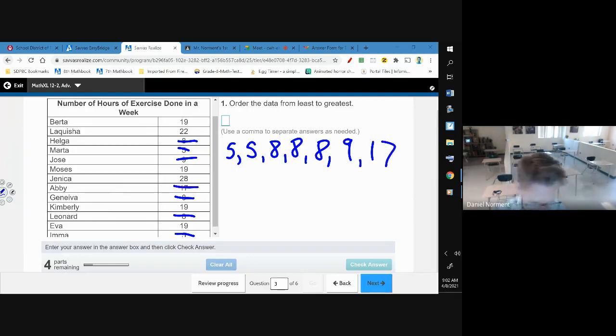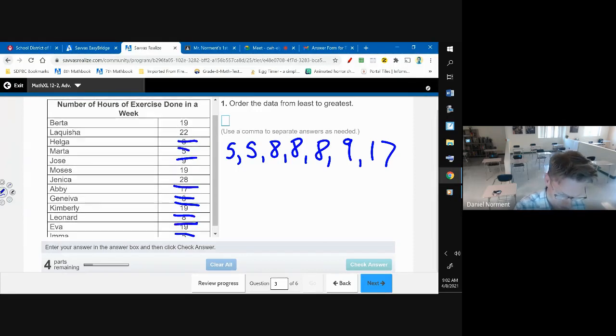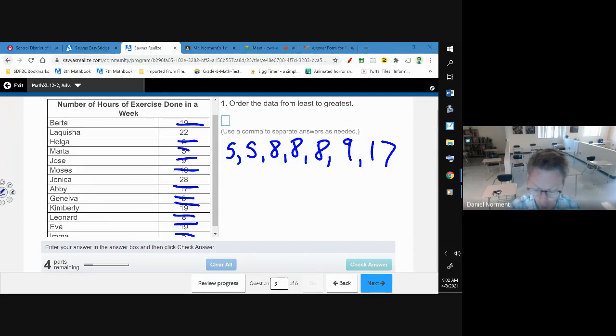Then I'm going to switch to the next line. 1, 2, 1, 2, 3, 4 19s. Okay. And then a 22, then a 28.